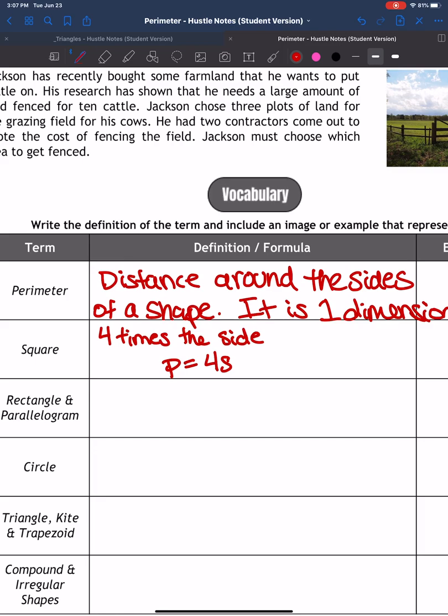If you have a rectangle or parallelogram, your perimeter is 2 times your width plus your length, or P equals 2W plus 2L, which is 2 times width plus 2 times length. Your other option for a parallelogram would be P equals 2 times your base plus your height.